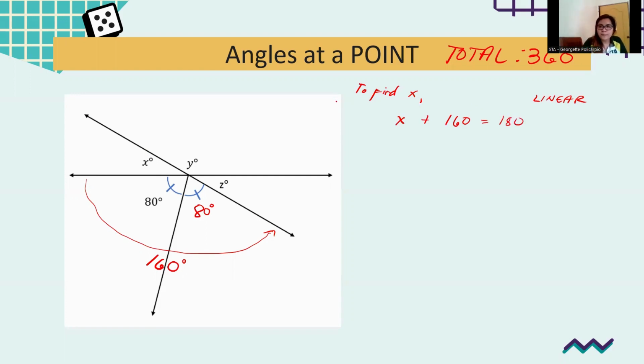So 180 minus 160, therefore x equals 20 degrees. If you answered 20 degrees, then you are correct. Linear pair, 160 and x degrees, so that is 180 minus 160.